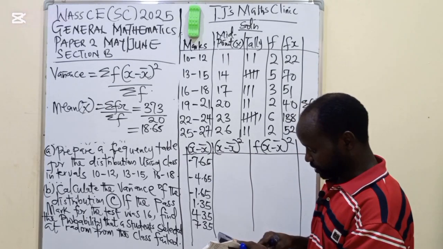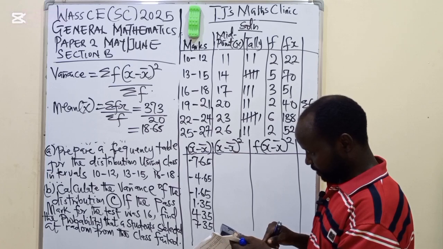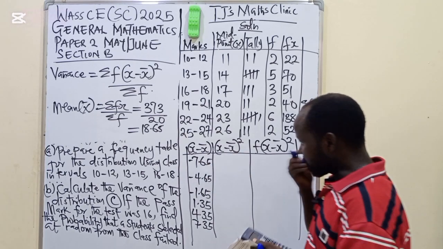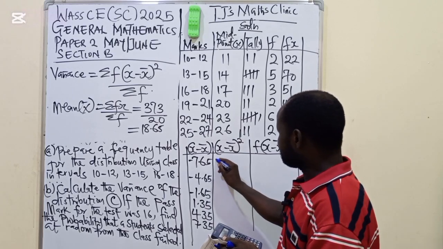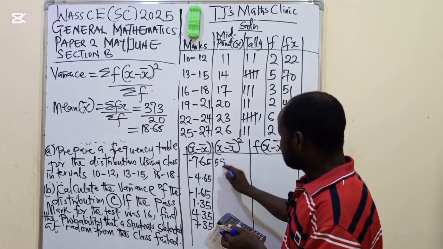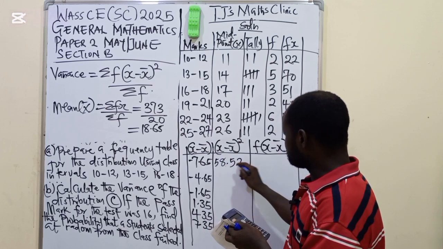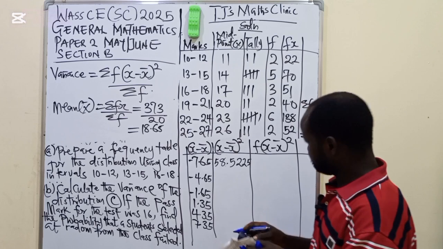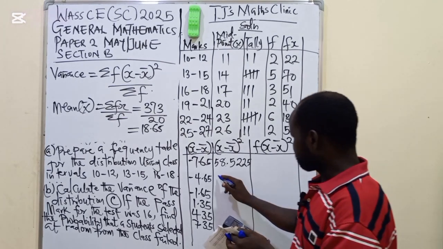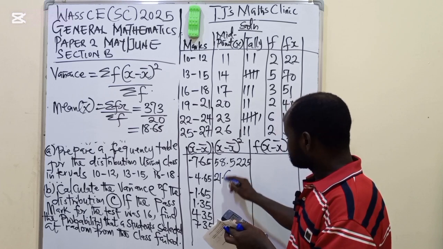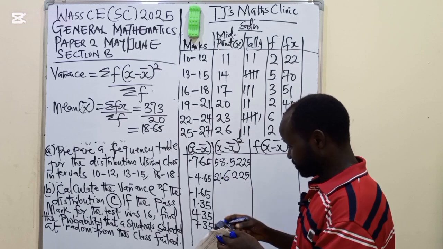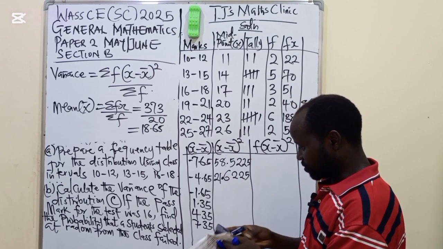Very important. The next thing is to square this to get (x minus x bar) all square. So let's square 7.65. We use our calculator. 7.65, of course it will be positive, all square. We have 58.5225. Very important, leave it to 4 decimal places. Next, 4.65 all square. We have 21.6225. Next, 1.65 all square.